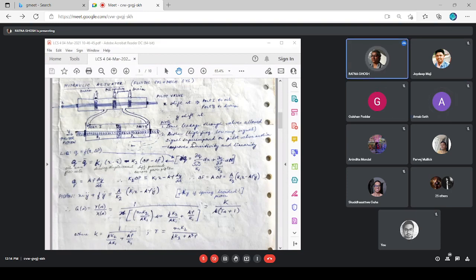And dynamic friction is lesser than static. So the system response or the system sensitivity to any kind of input is much better when it is already in some dynamics. Right?